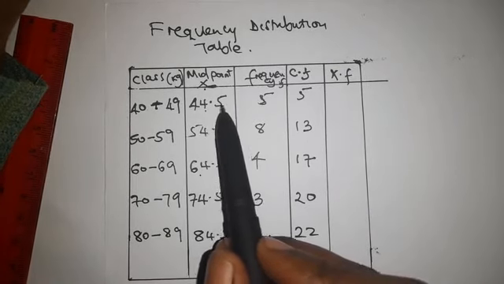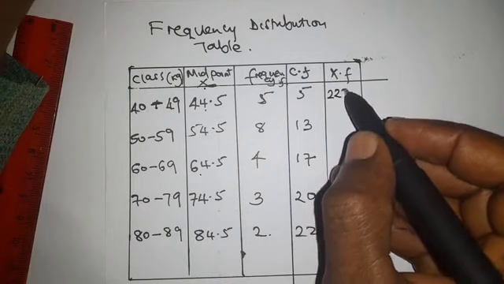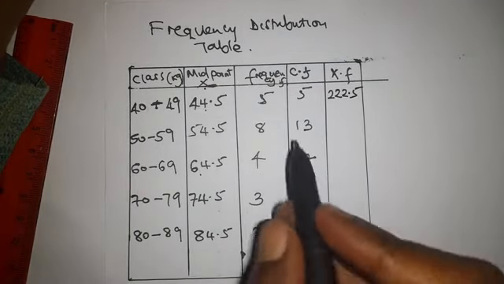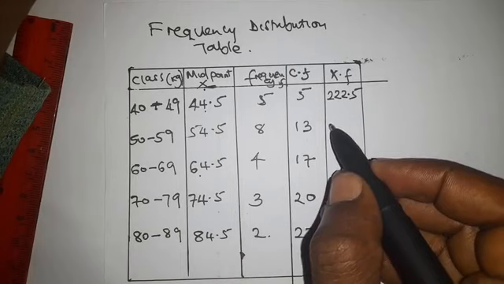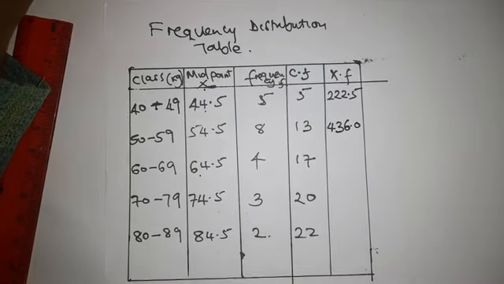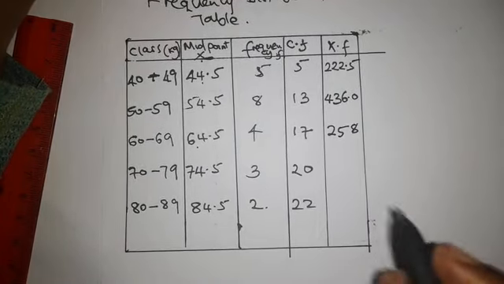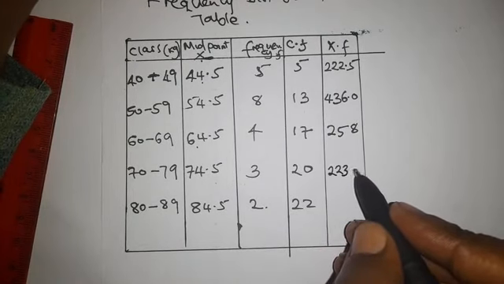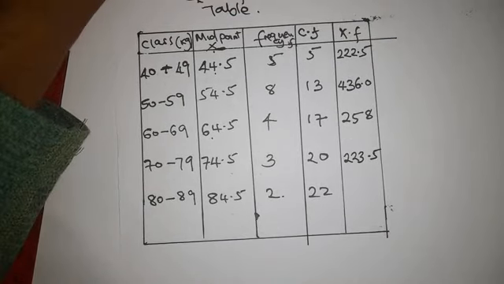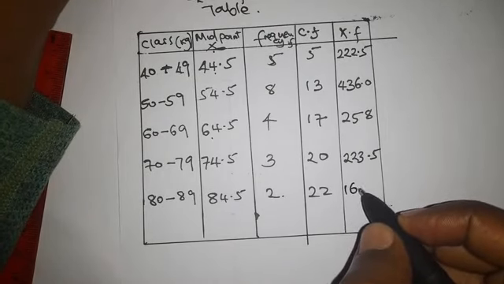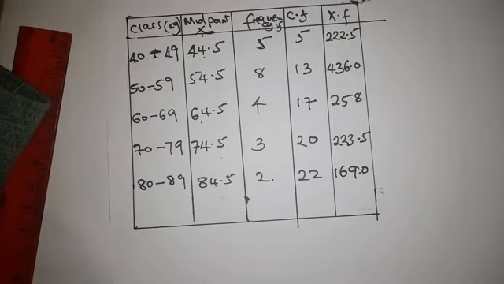That means 44.5 multiplied by 5 gives us 222.5. Multiplying x and f for the next gives us 436.0, and the next gives us 258, and the next gives us 223.5. Then 2 times 84.5 gives us 169.0.